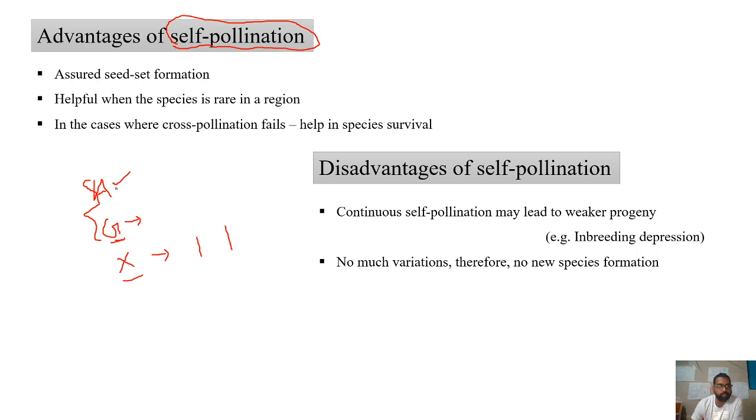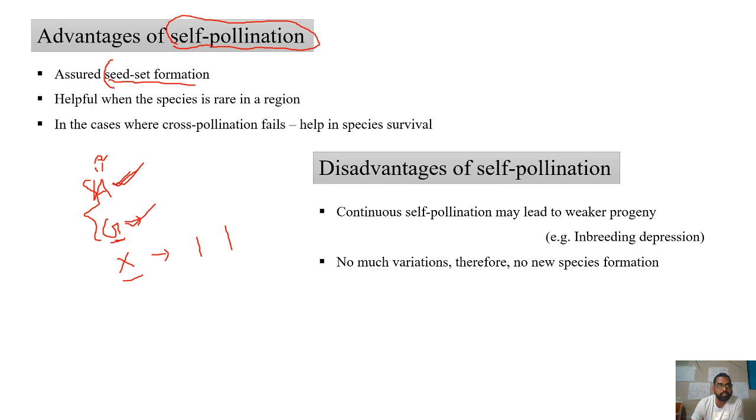When it is autogamy, the chances will be more when compared to geitonogamy, because here the style and stigma are closer. Therefore, the transfer of pollen grain will be easier, with more chances for transport. But in the case of geitonogamy, comparatively there is less chance. That is, in both autogamy and geitonogamy, when compared to xenogamy, there is assured seed set.